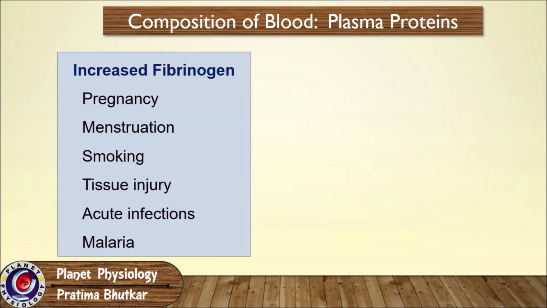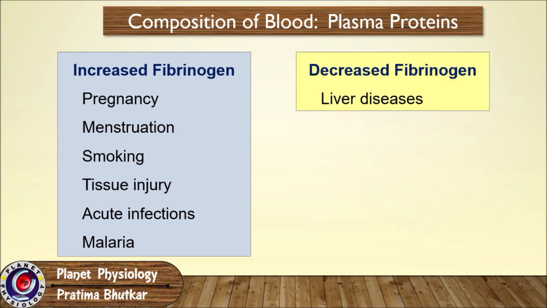Fibrinogen concentration can increase during conditions like pregnancy, menstruation, smoking, tissue injury, acute infections as well as malaria, and its levels can decrease in case of liver diseases.